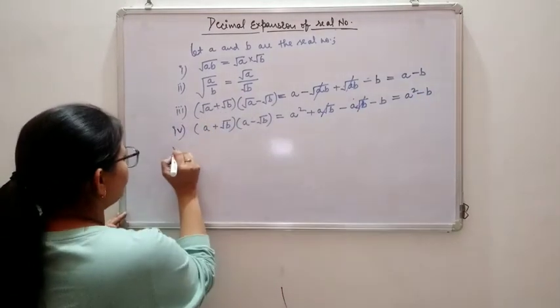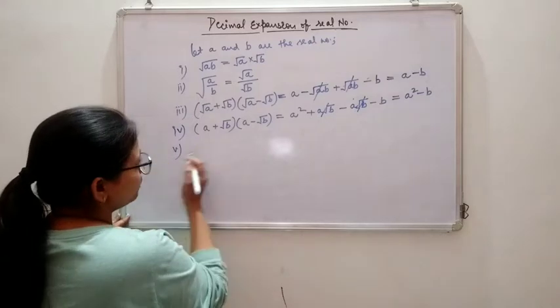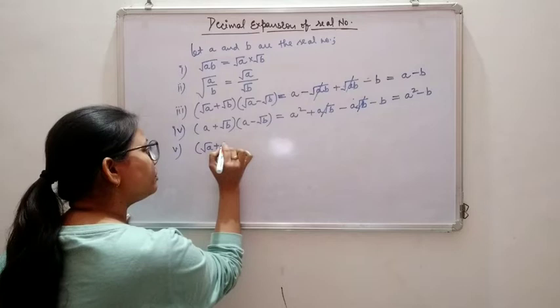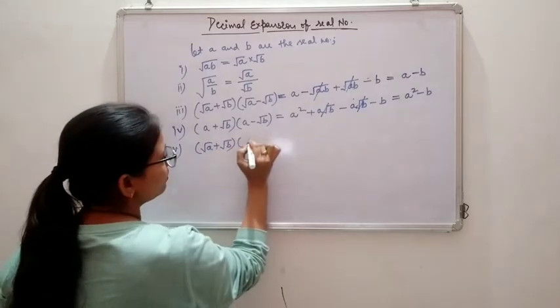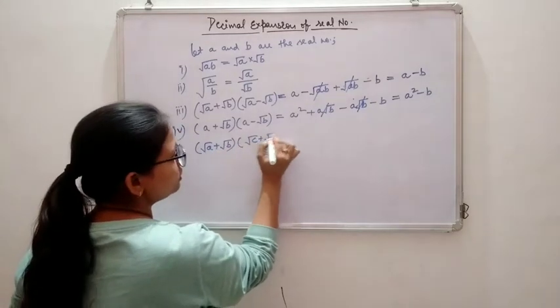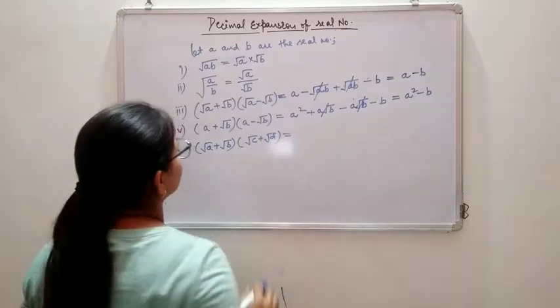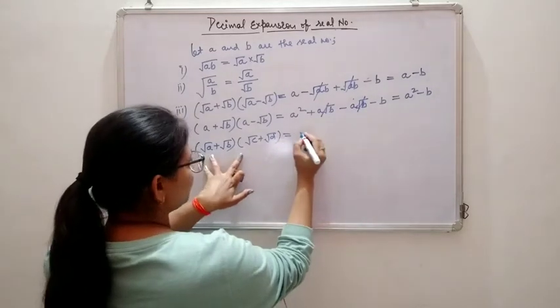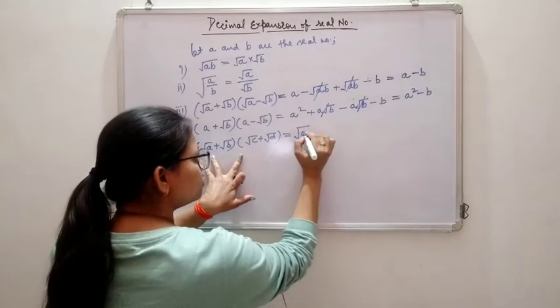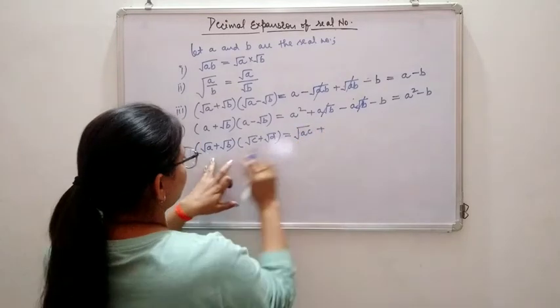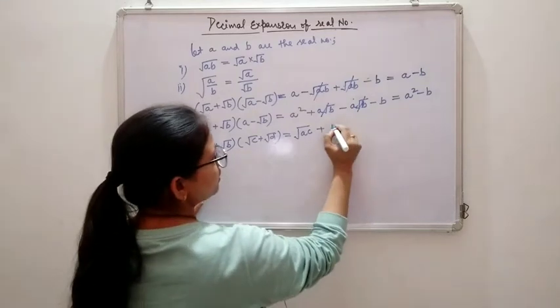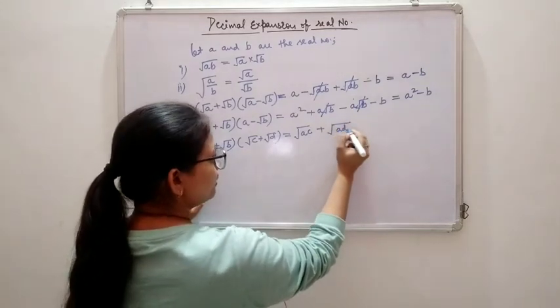Now let's talk about the fifth identity, which is root A plus root B multiplied by root C plus root D, right? So what is the result of this? Root A multiplied by root C is root AC, plus multiply root A with root D, it will be root AD.